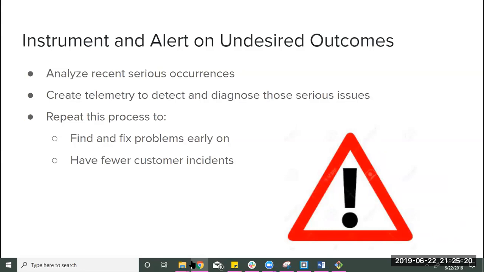A list of telemetry should then be created that would have been able to detect and diagnose the issue faster. It's also important to make telemetry that could confirm an effective fix had been successfully implemented. By repeating this process, working first through the most severe cases, then moving to weaker failure signals, problems can be found and addressed early and quickly for fewer customer issues.